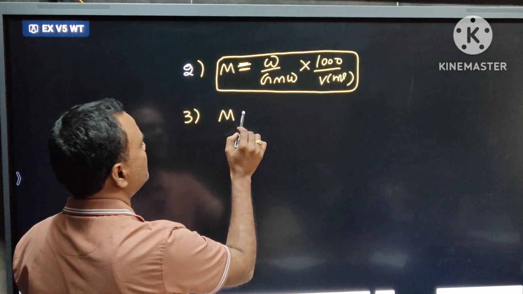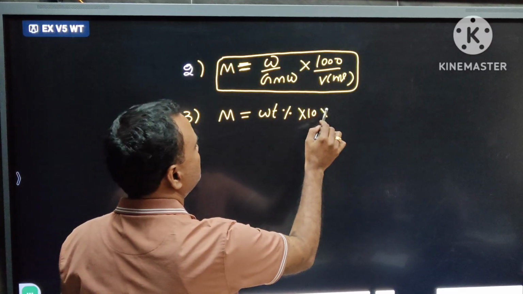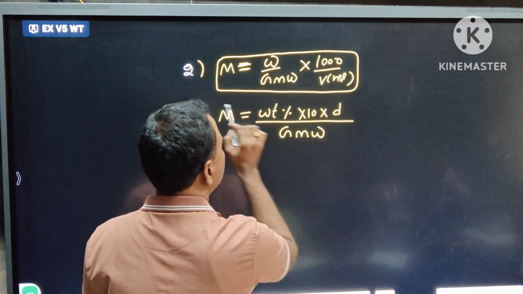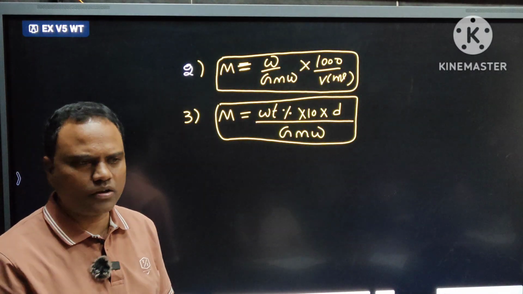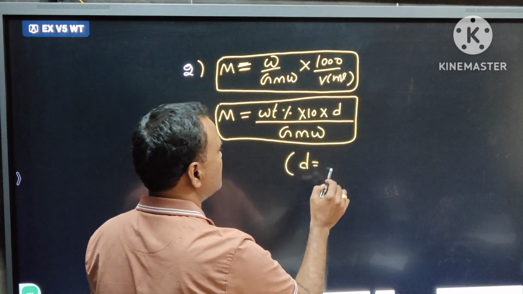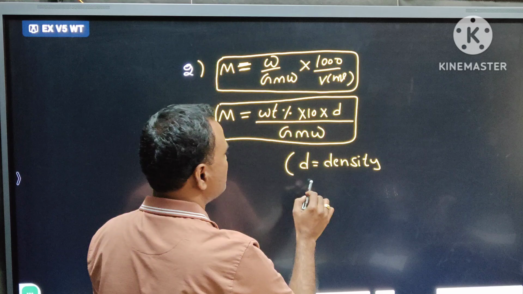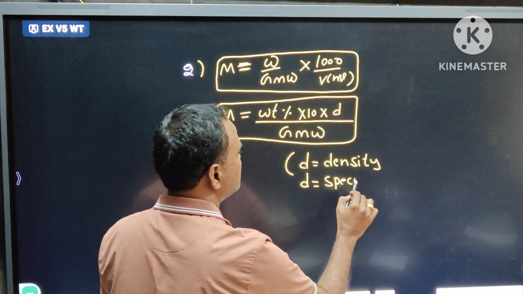Third formula, molarity and density. Molarity is equal to weight percent into 10 into density by gram molecular weight, G and W. All these basics were over in the last two classes. In place of density, you can write specific gravity. D stands for density, or sometimes density is equal to specific gravity also.